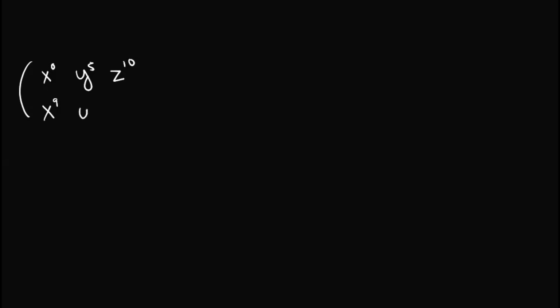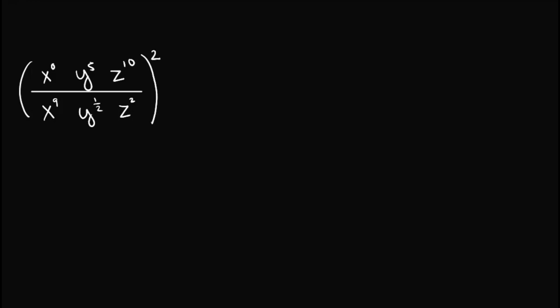And this one, this is y raised to 1/2, and z squared. Now we put a fraction. So how do we solve this? Oops, I forgot the exponent part there. So how do we solve this one?